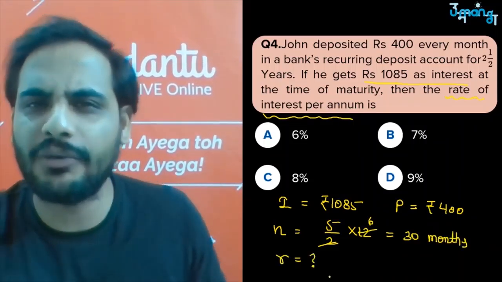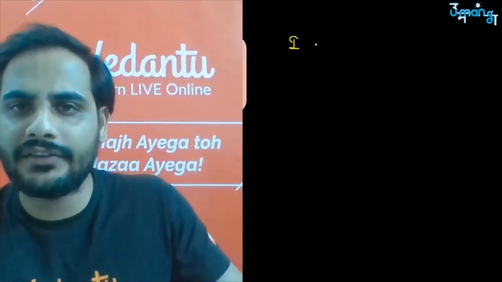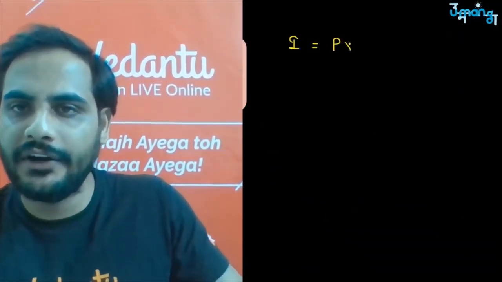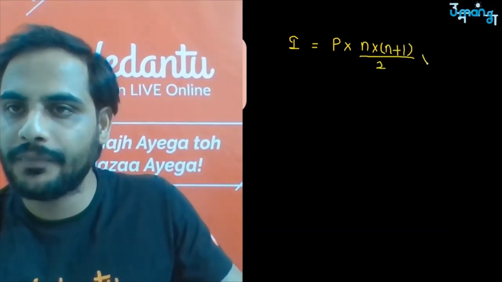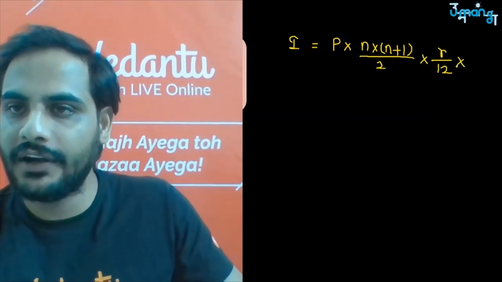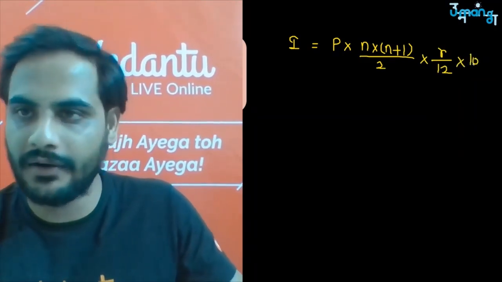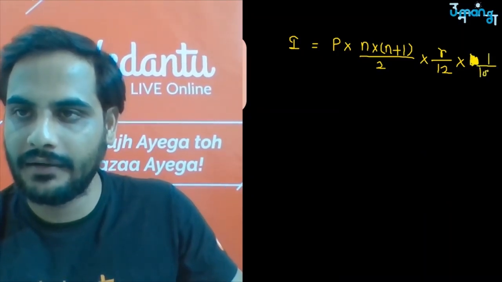So let us use the formula, very easy. I is equal to P into n plus 1 divided by 2 into R by 12 into 1 by 100.